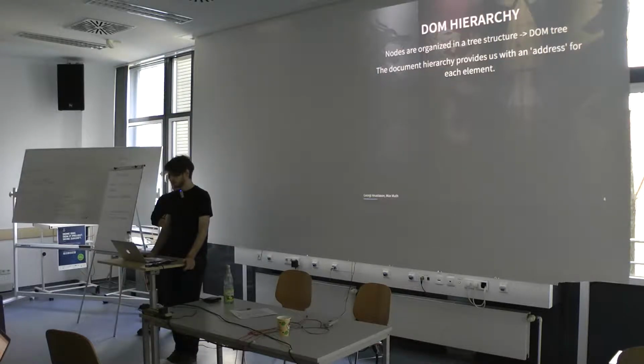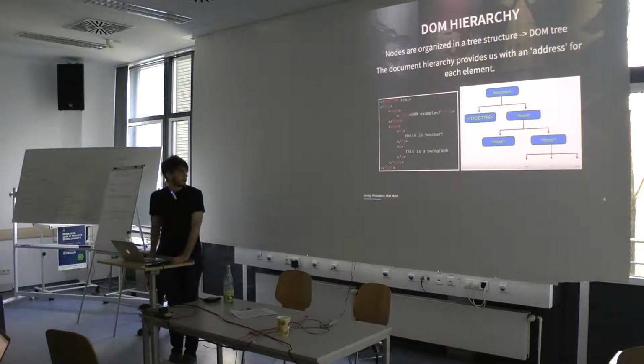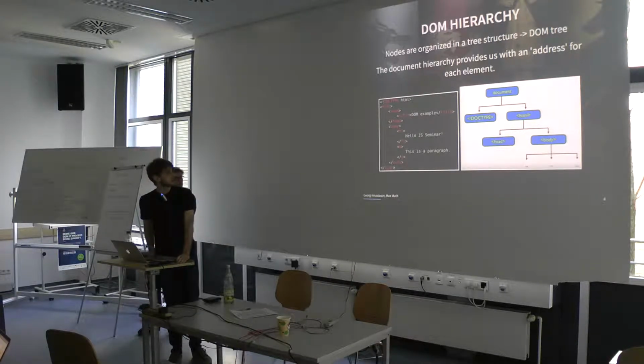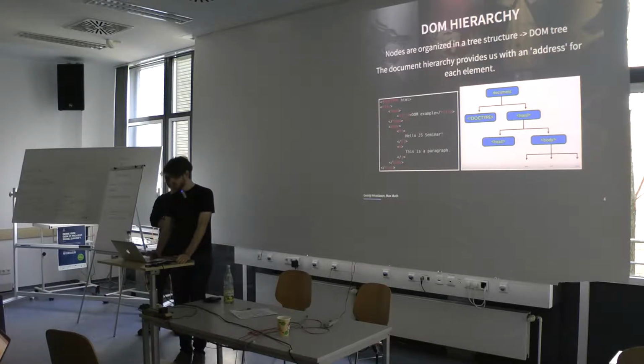As I said, it's well structured in a DOM tree, and we can address every element in the website. If we split it up, it looks like this. We start in document, and this is the doctype.